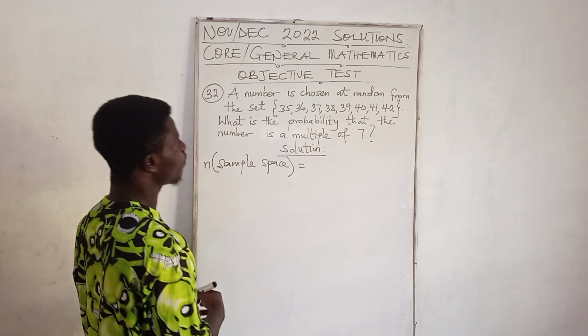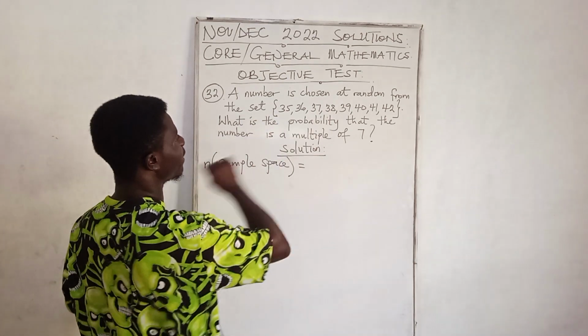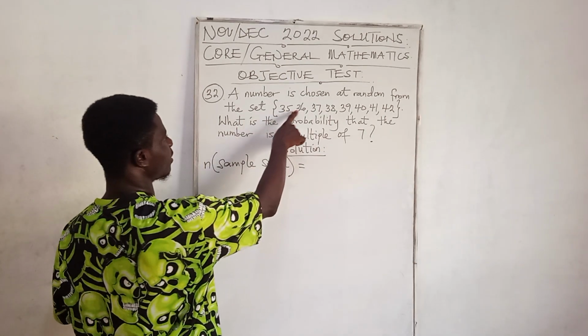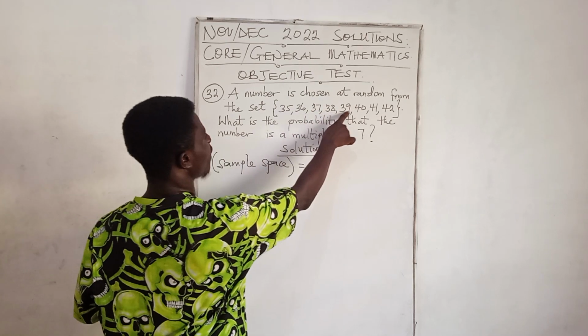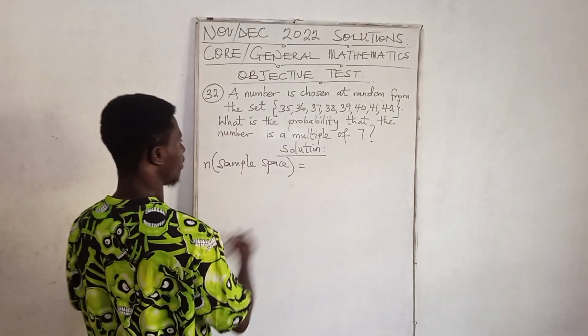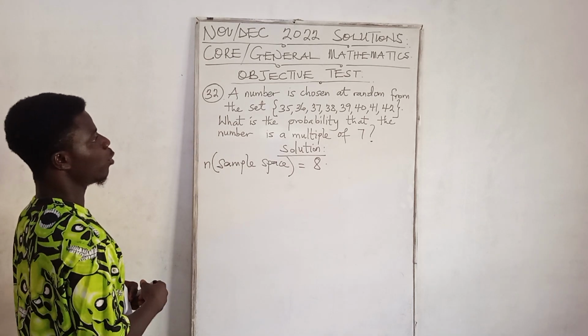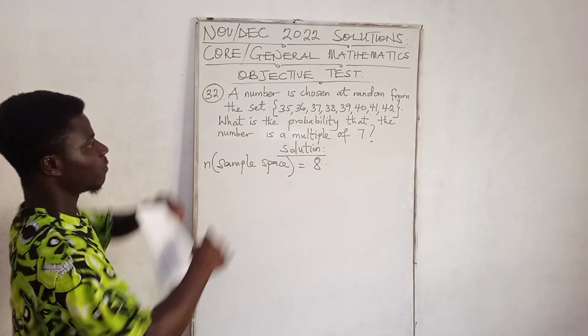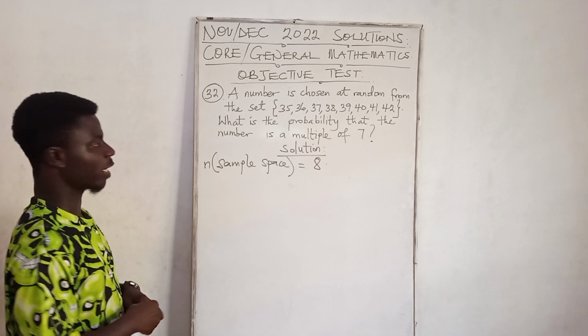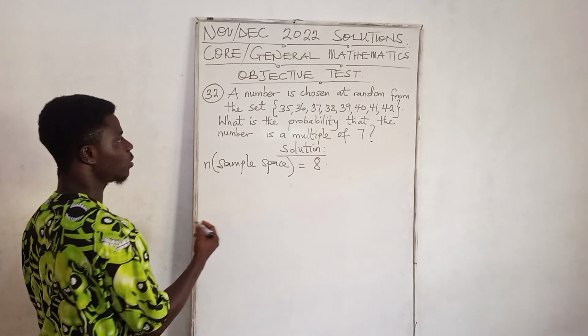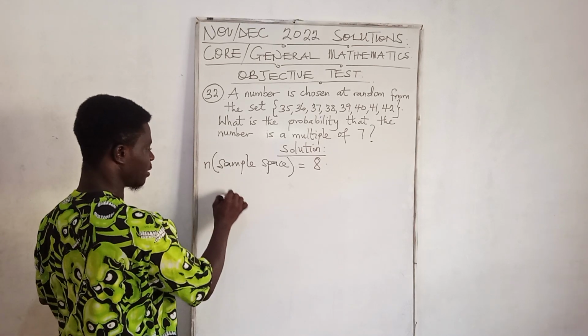We need to count the elements inside the set. 1, 2, 3, 4, 5, 6, 7, 8. So we have 8 elements. That's our number of sample space. Now, how do we calculate the probability of an event?